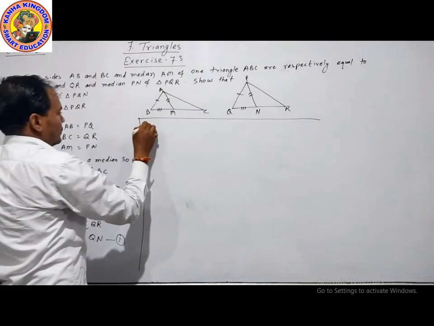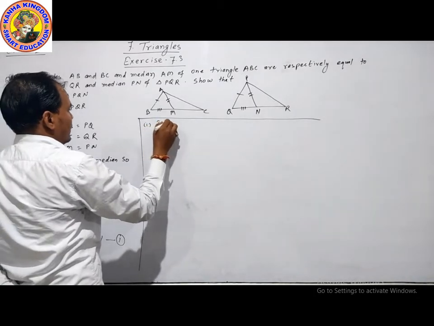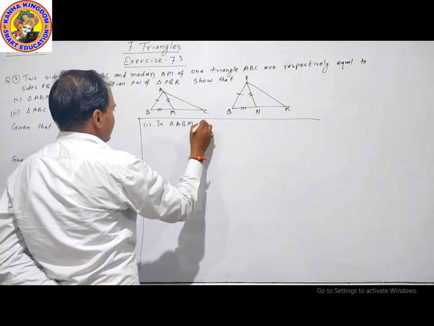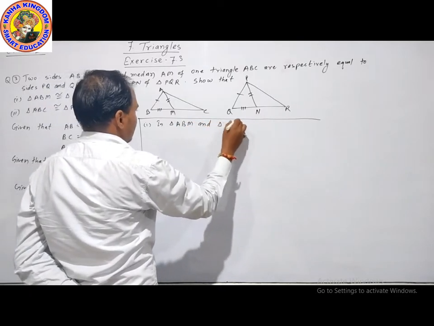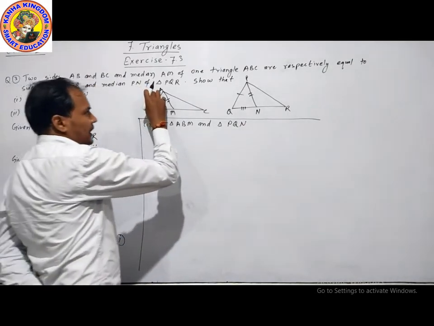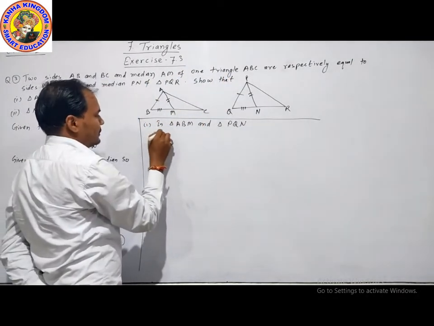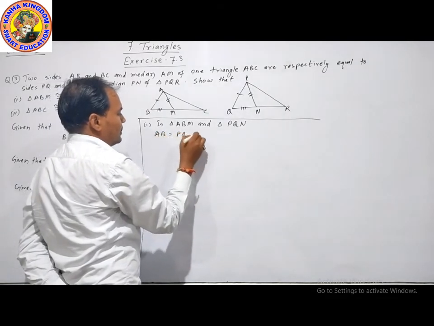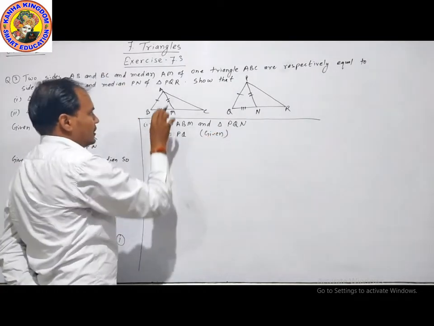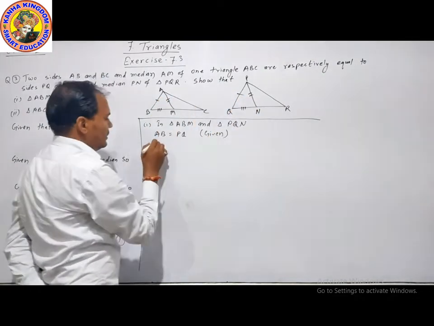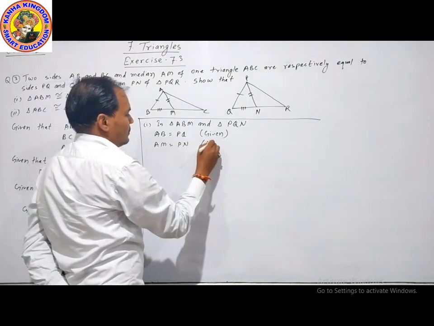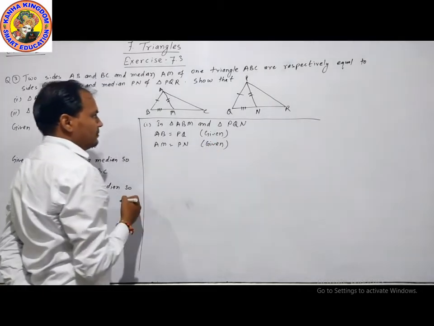Now the question first is, in triangle ABM and triangle PQN, in these two triangles, AB and PQ are equal, which is given. Now AM is equal to PN, which is given in our question.